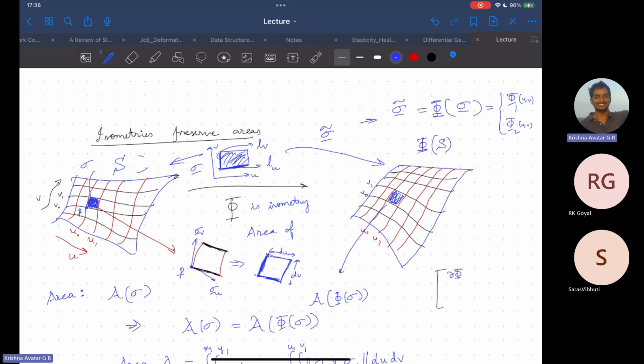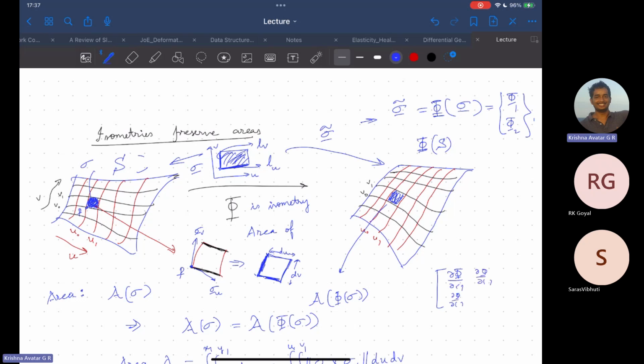But since we are already mapped to another surface, let's just call it sigma, just assuming that we are hiding the arguments to the function here. All I meant to say is the mapping of the quantities here.